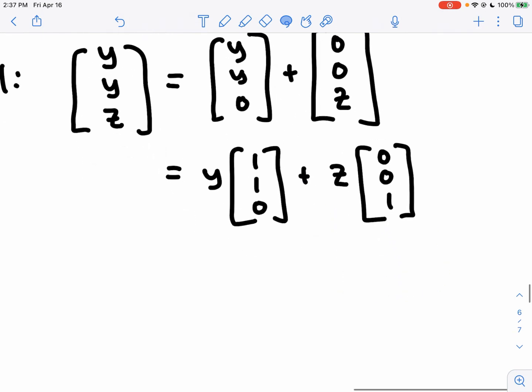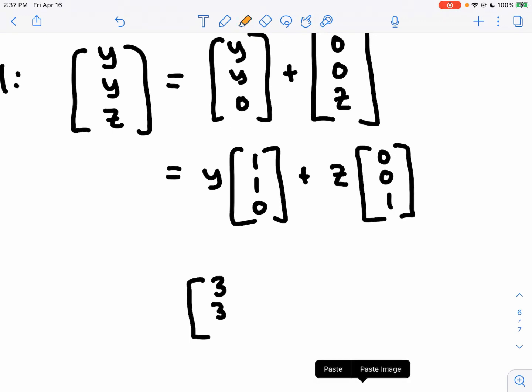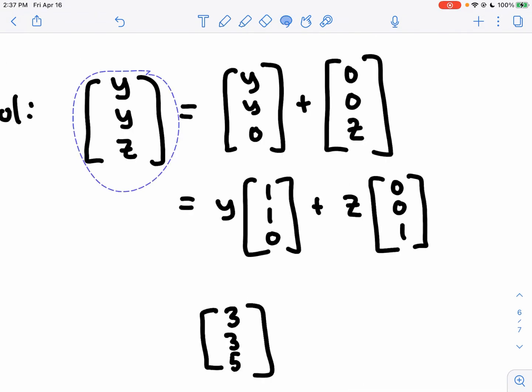All right, so x, y, and z don't have to be the same. So one example of an eigenvector would be, let's triple the 1, 1, 0 and 5 times the 0, 0, 1, and then add them together. So I'll just put a 5 down here. In other words, y and z are whatever they want to be, and they're independent of each other. So you can choose y to be something and z to be something else entirely.